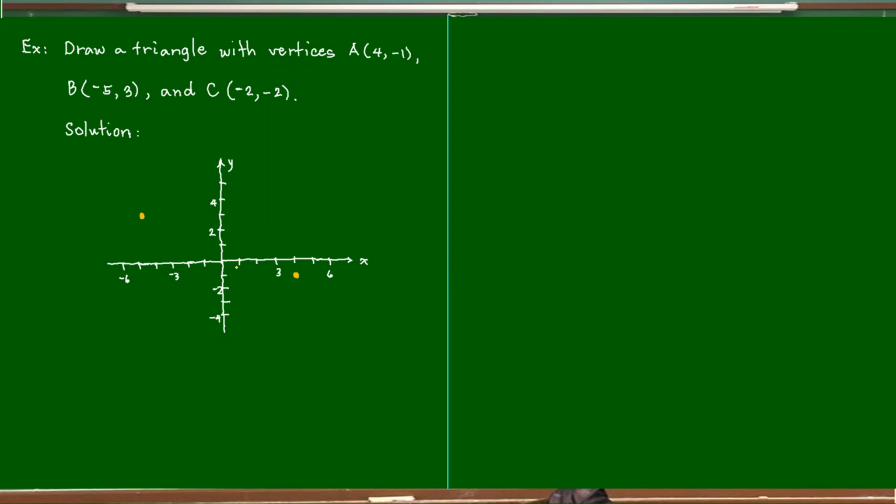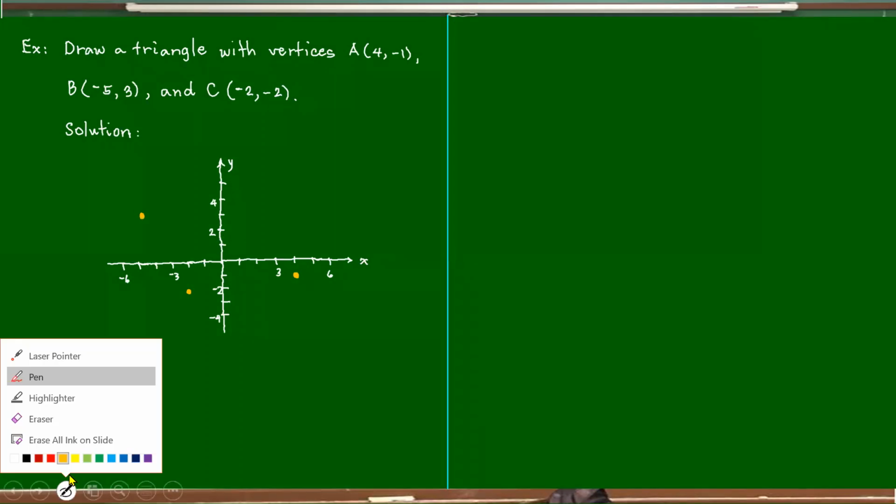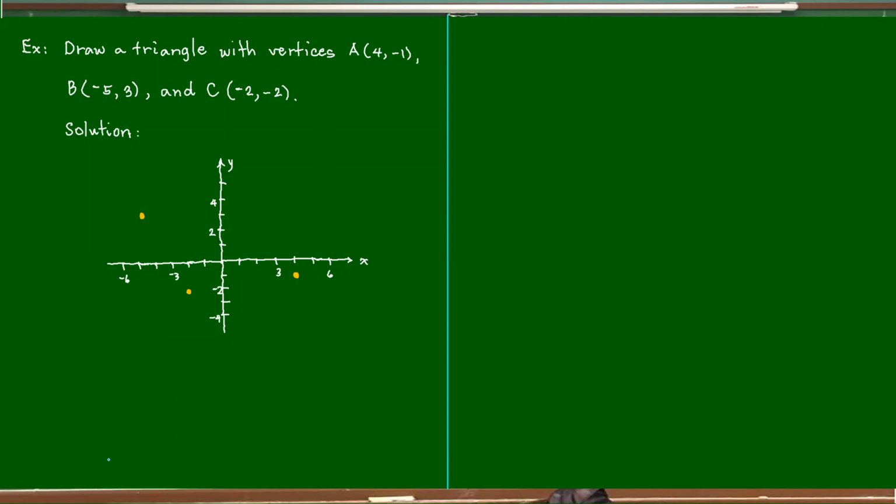Then the last one, (-2, -2). Then we connect to form a triangle. Okay, guys?